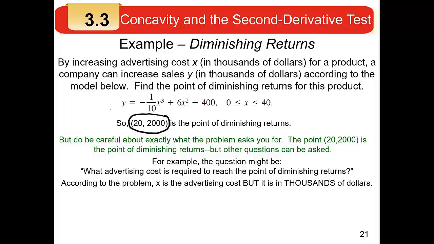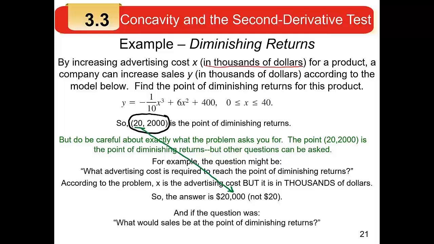Remember, the advertising cost is the x-coordinate, and we found that x was equal to 20. But according to the problem, x is measured in thousands of dollars. So if I'm looking for what the cost would be, it's not $20, it's $20,000. So do be careful about not only exactly what they're asking for, but make sure you've got your units right.